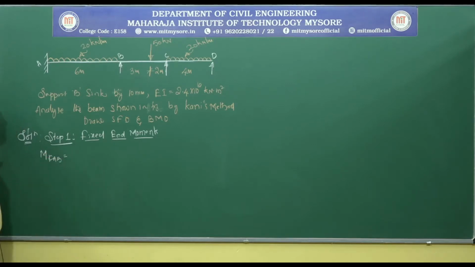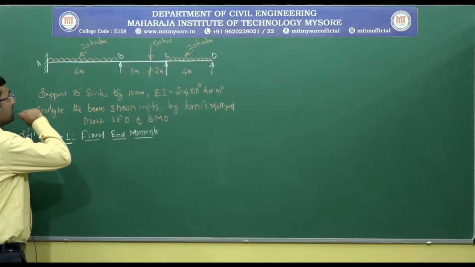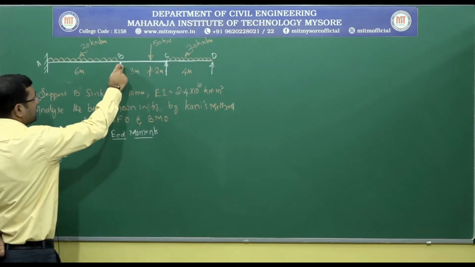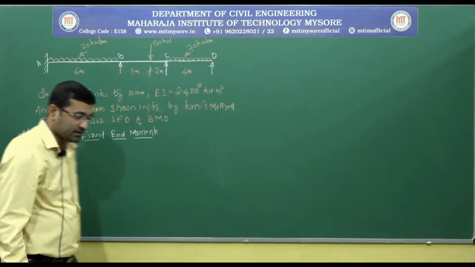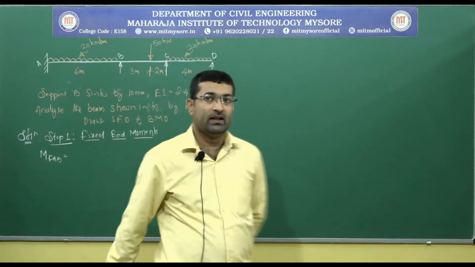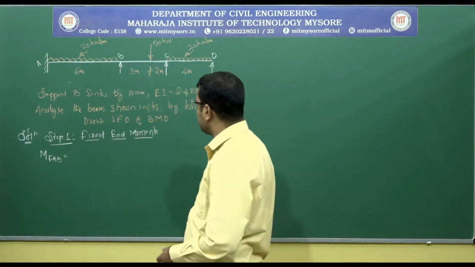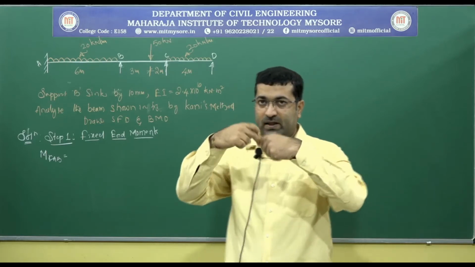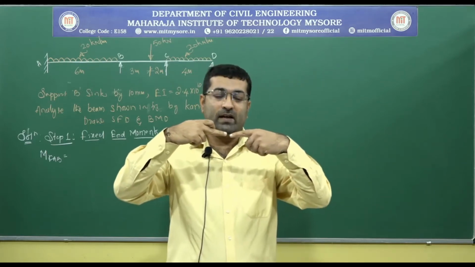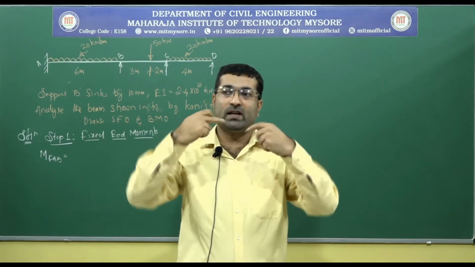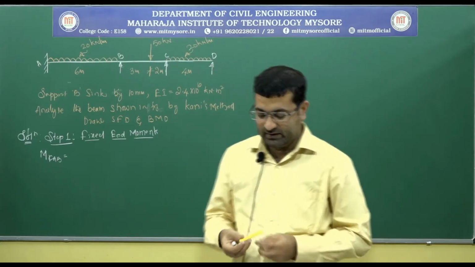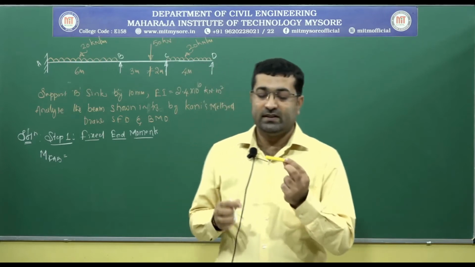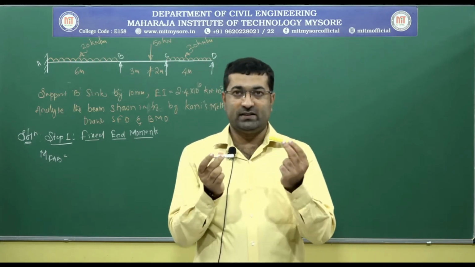MFAB. Now see here, the support B is sinking by 10 millimeter. Because of this support sinking at B, the spans AB and BC are both getting affected. For example, this is span AB and this is span BC.